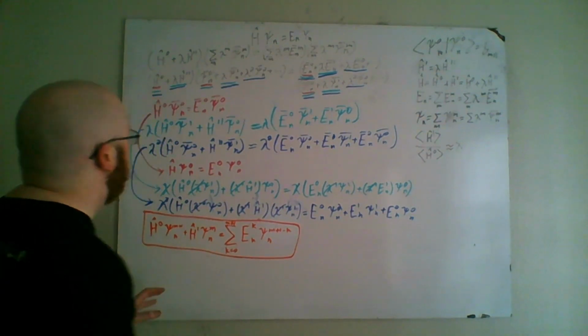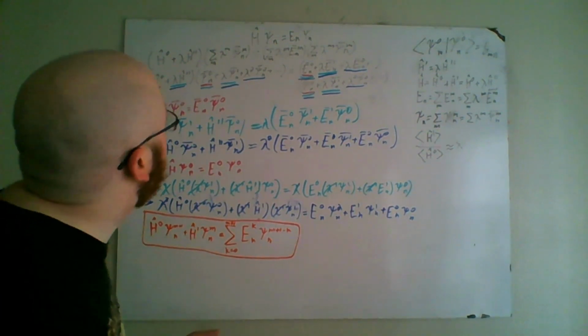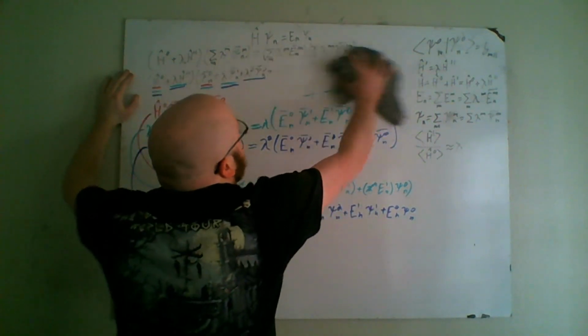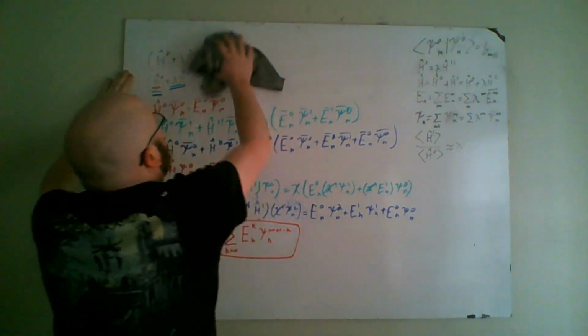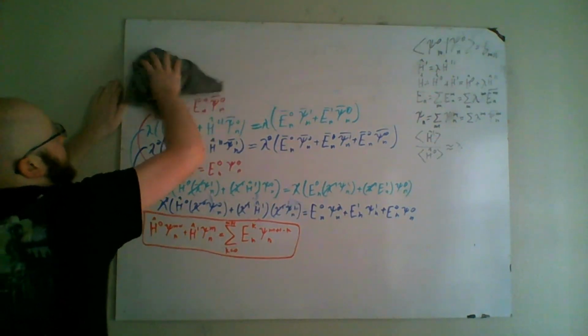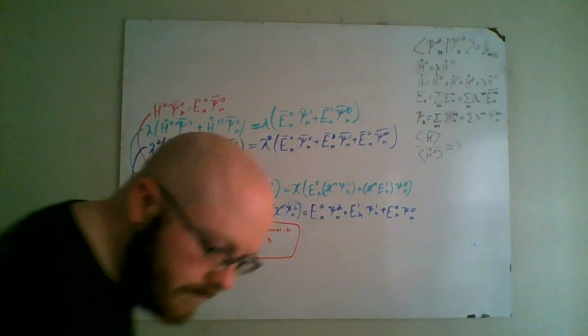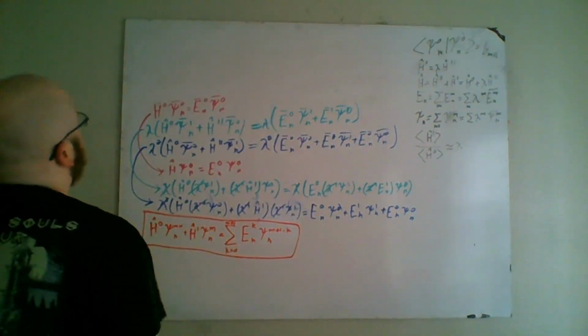So what I'm gonna do is, I guess I'll write this up. We don't need this anymore since we've already done everything. So I'm gonna move up here and rewrite this equation there. Right.